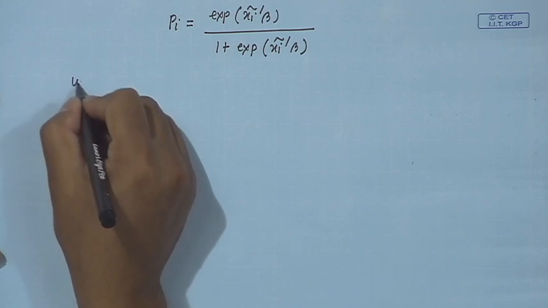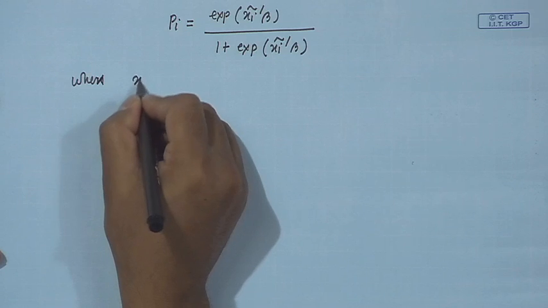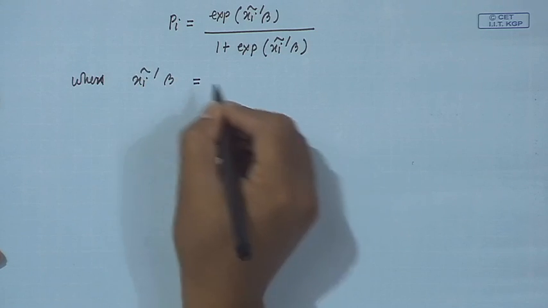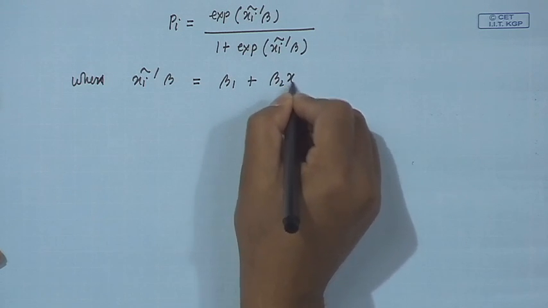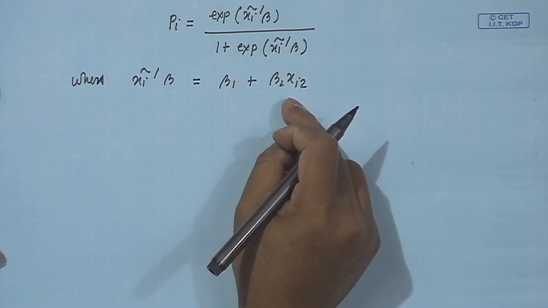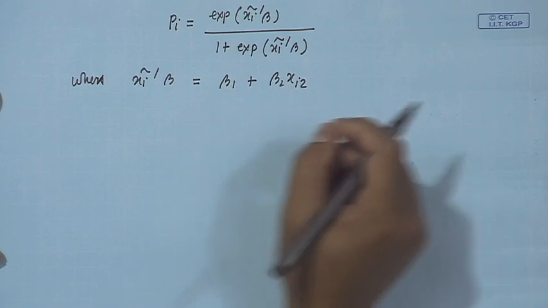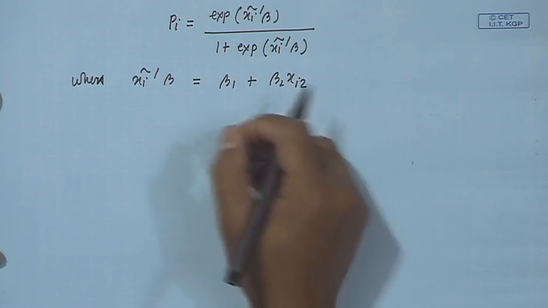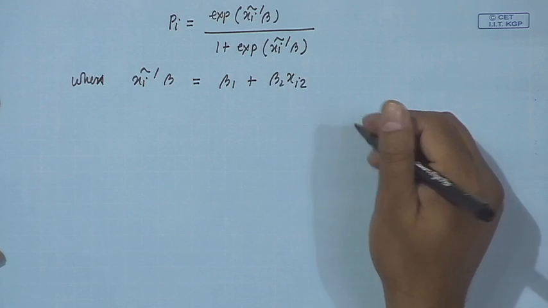Now, when x_i prime beta is equal to beta_1 plus beta_2 x_i2, that means only one regressor, and the other one is of course the dummy variable. You can put x_i1, which is a dummy variable, which is 1 for all observations.